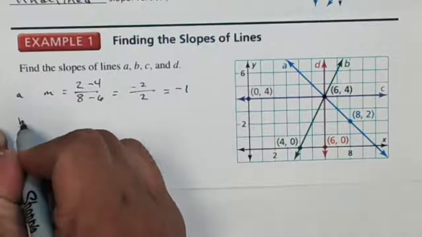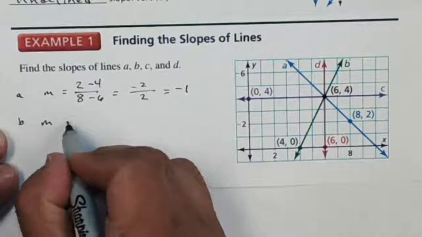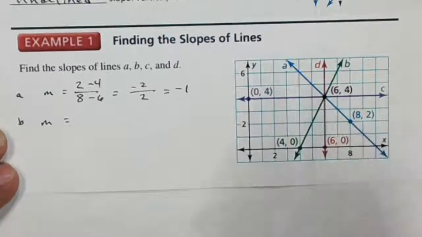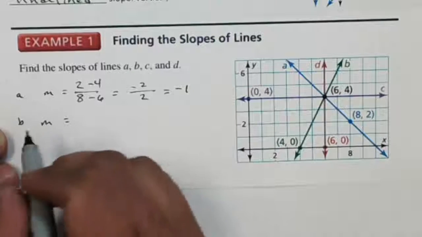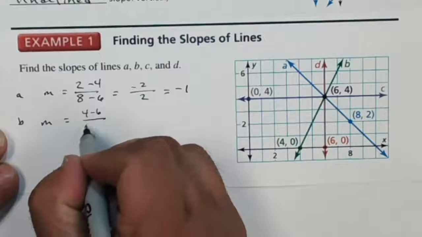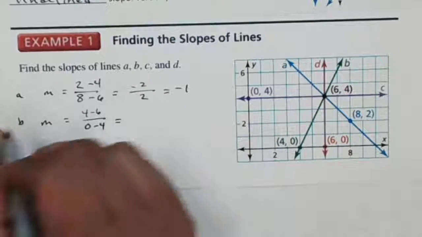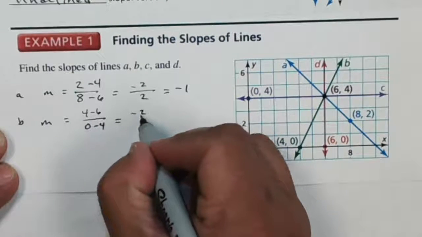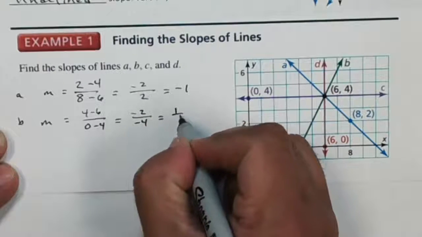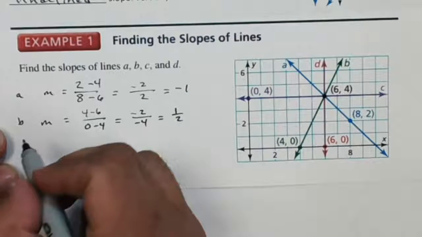Alright, for line B, I'm going to use 6, 4 and 4, 0. So let's do 4 minus 6 over 0 minus 4. 4 minus 6 would give me negative 2. 0 minus 4 would be negative 4, so my slope would reduce to a positive 1/2.